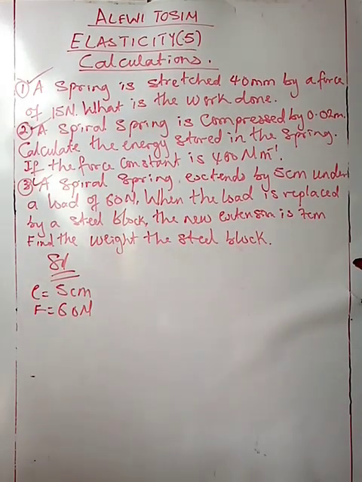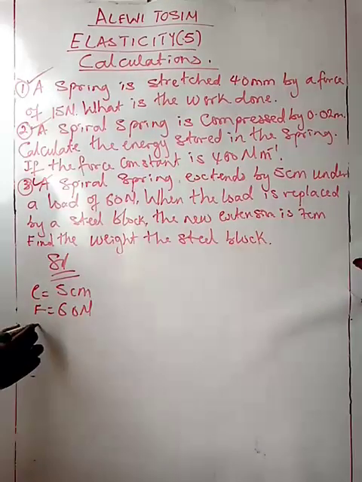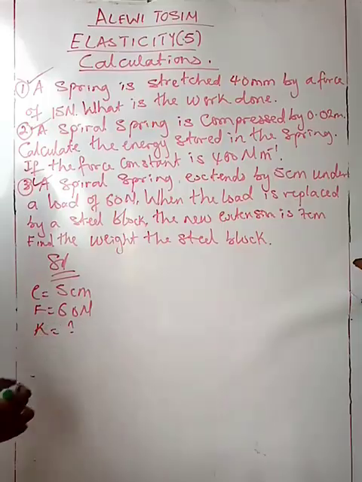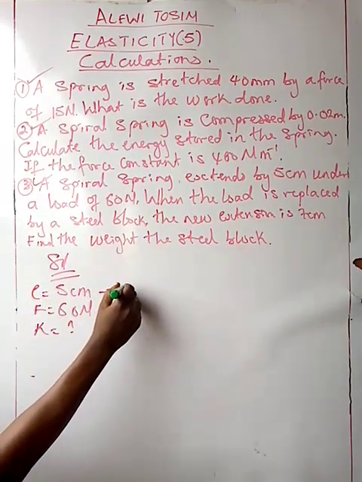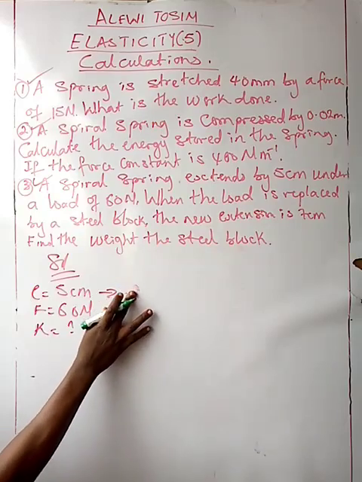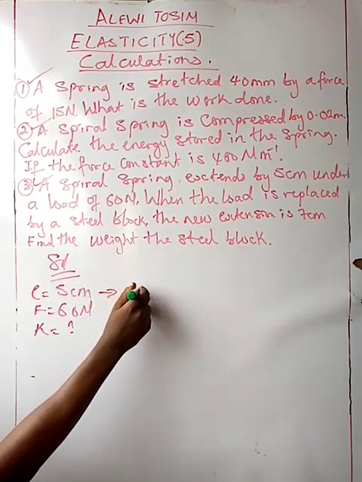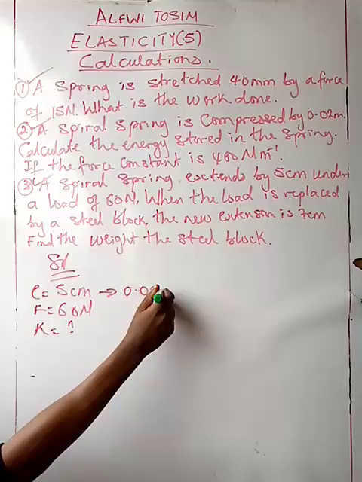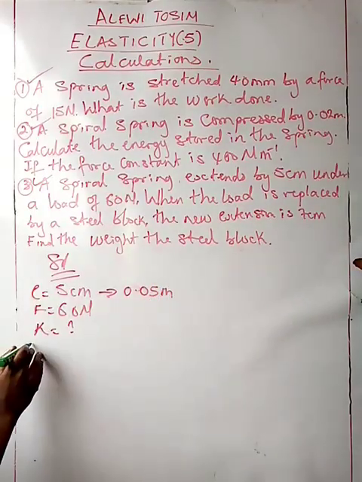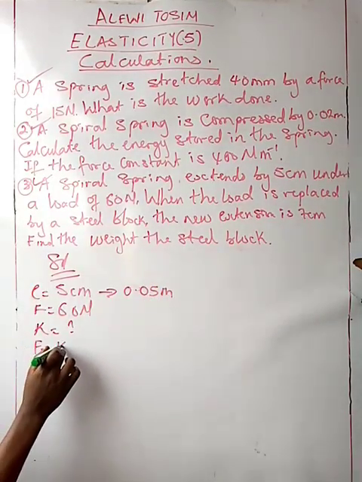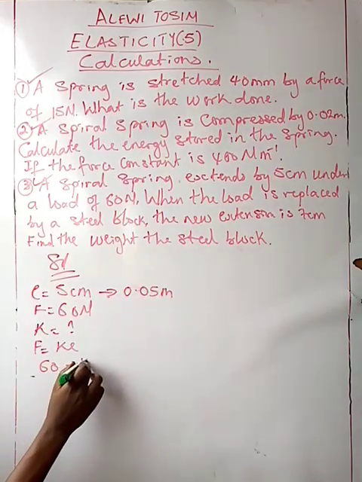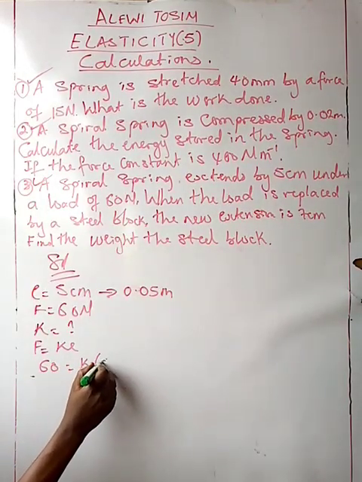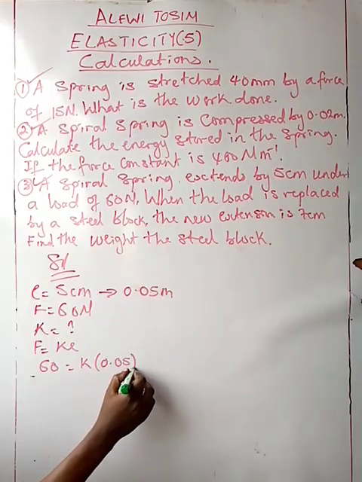Firstly, we need to know the elastic constant of the spiral spring. Determine the elastic constant of the spiral spring. 5 centimeters needs to be converted to meters, so that it will be 5 divided by 100, which is 0.05 meters. Okay, so now using F equals Ke, our F is 60 Newton, our K is unknown, and our extension is 0.05 meters.